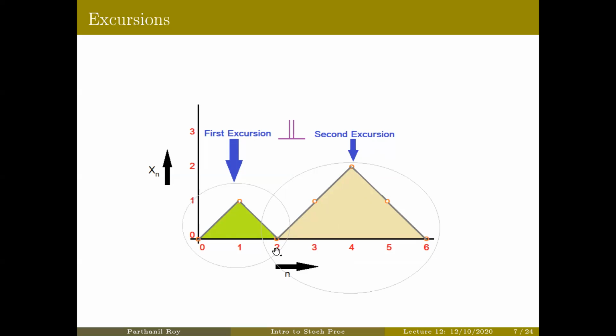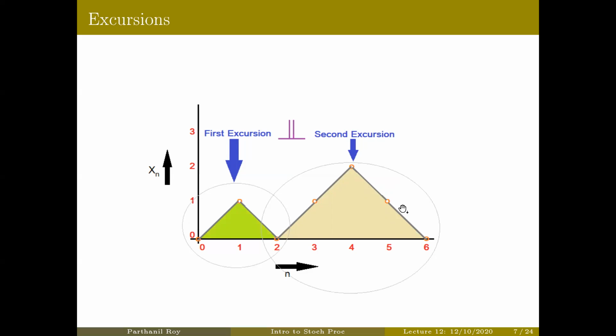The only dependence should come through the present, which is common between the two excursions, this point here. But the Markov chain, by definition, has come back to 0, so there is nothing random about it. The only common point which could have been the potential dependence between these two parts is deterministic, and therefore we should expect that these two parts are independent.